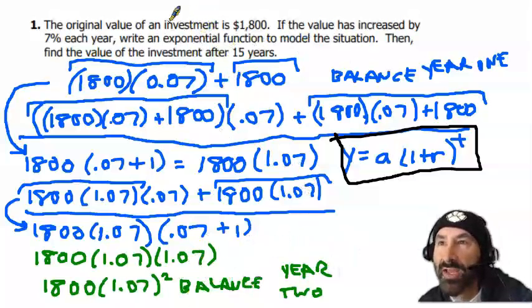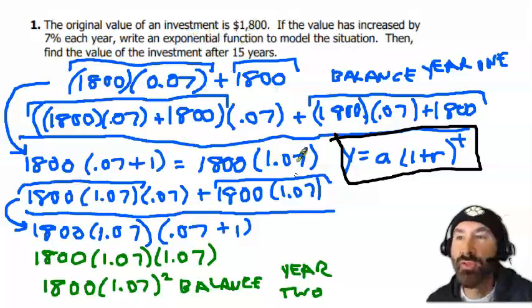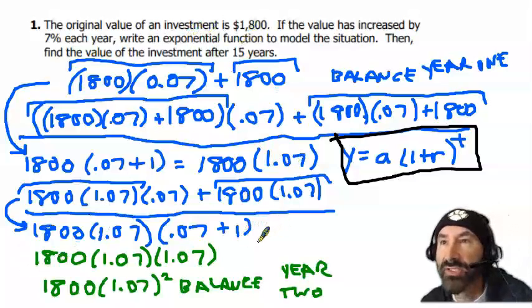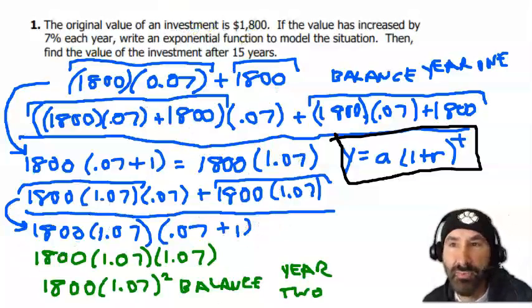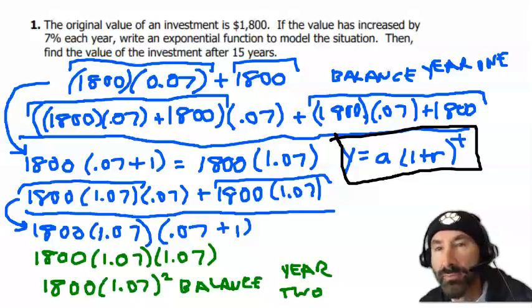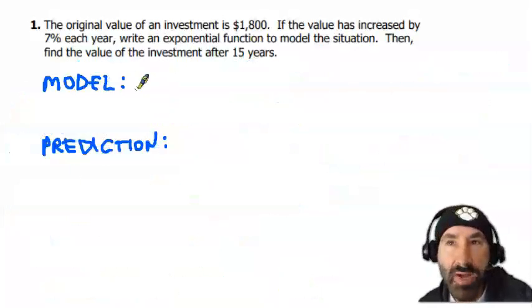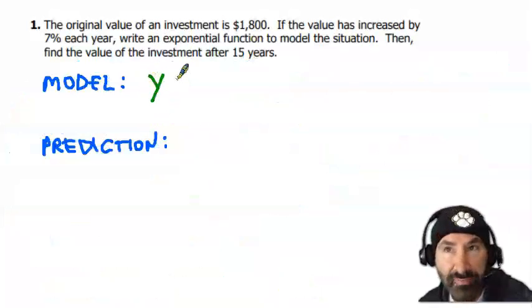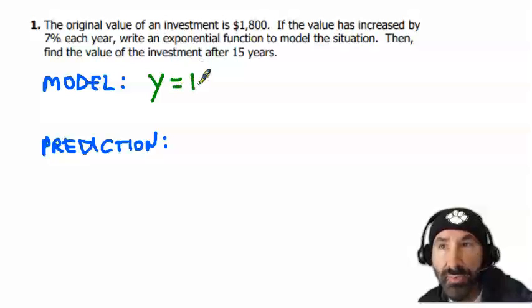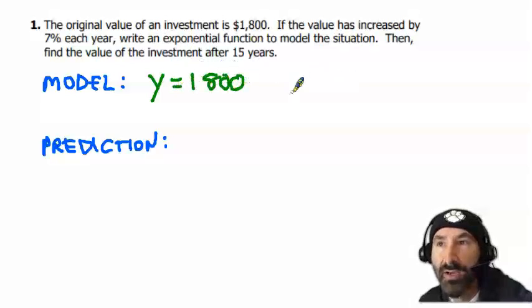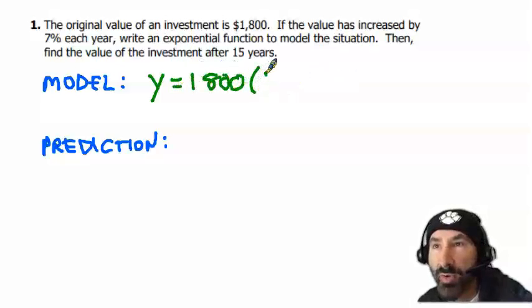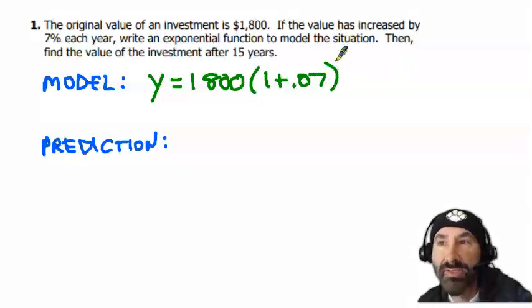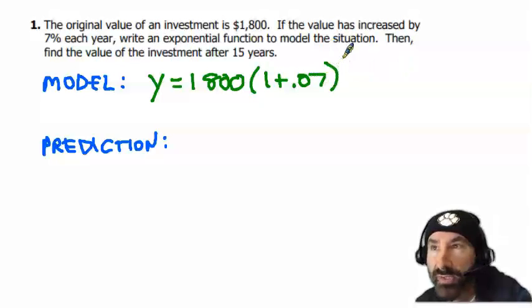For this problem, let's go ahead and write the model. Let me clear off some of this writing so that I can give you the final result here. The model that we are coming up with is that the balance at the end of any given year is equal to the original amount, $1,800, multiplied times 1 plus the interest rate, 0.07, raised to the power of t, which is whatever the number of years is.